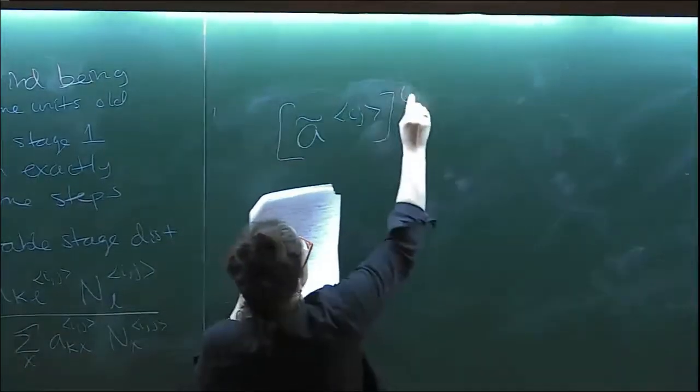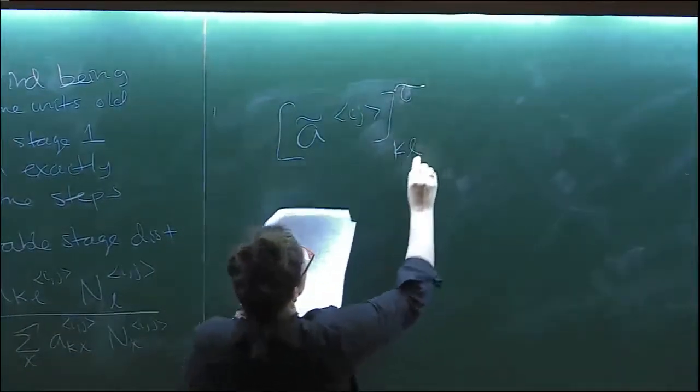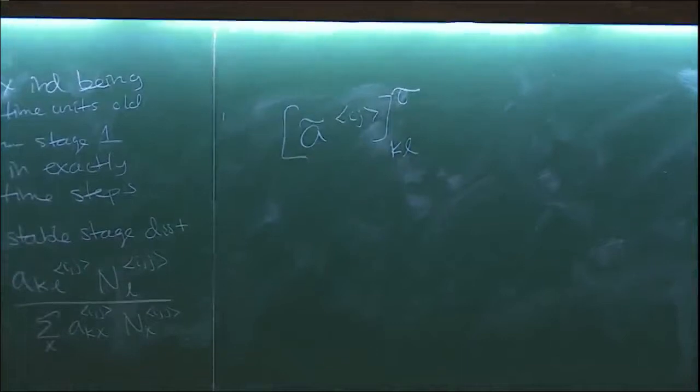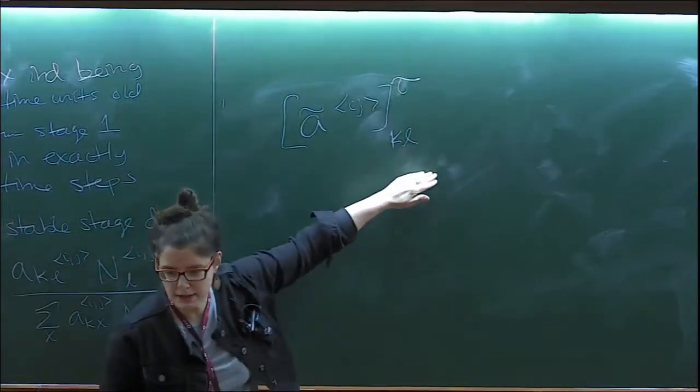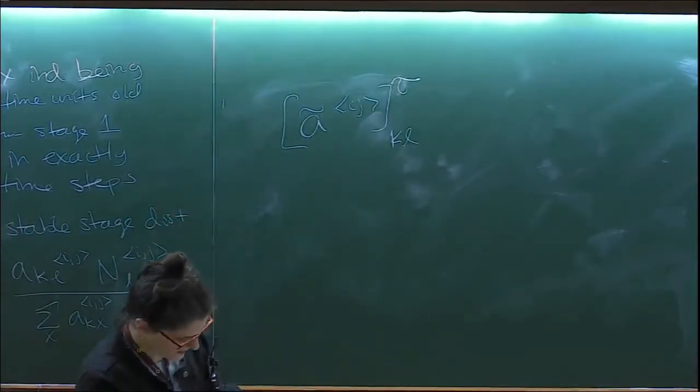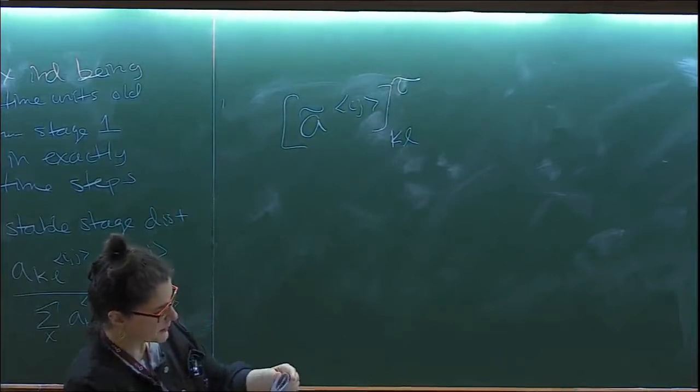It's sort of horrid. This is this matrix raised to the tauth power, and then the K-L entry of it. So that gives the probability.